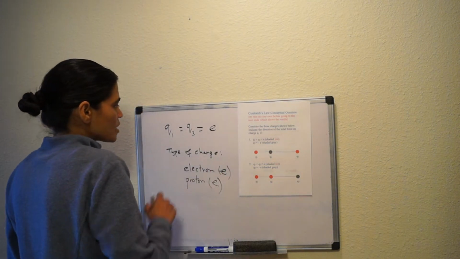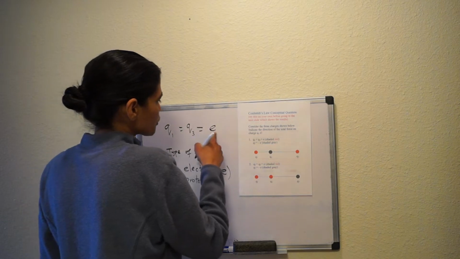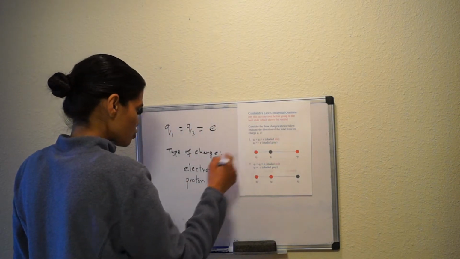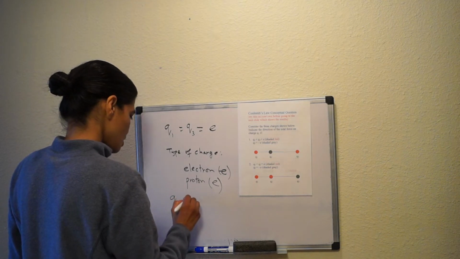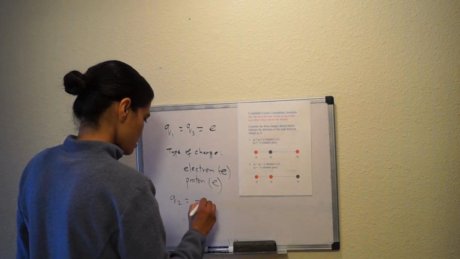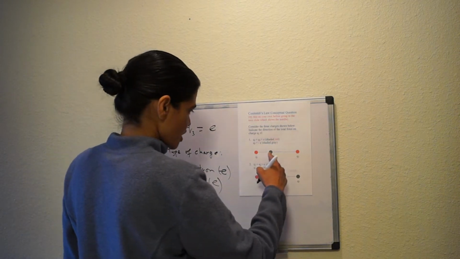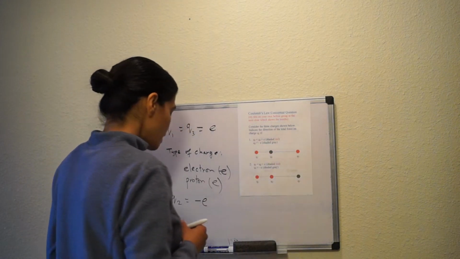Okay, it has a little negative sign here. Electron. Okay. So Q1, Q3 equal to E, meaning these are the positive charges, and then Q2 is given as minus E. It means this is the electron, the negative charge, which is shaded as gray here. These other two are red. Okay.